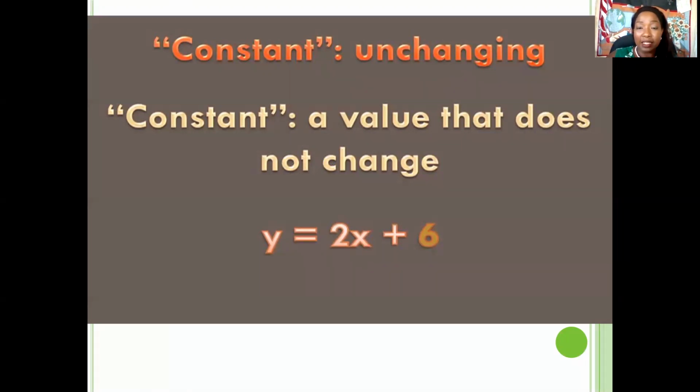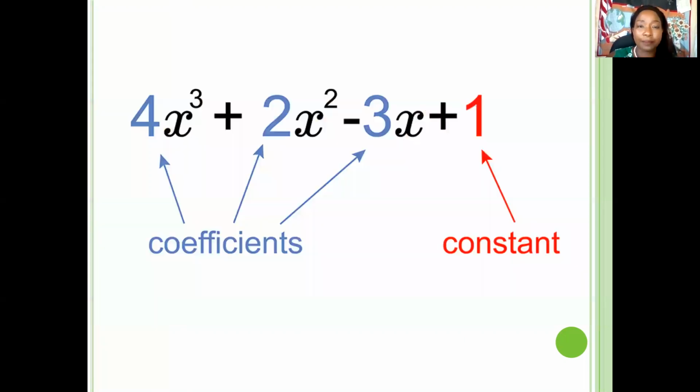The 6 is the constant. If you notice, there is another number here. The number is 2. However, the 2 is not by itself. It is attached to the x, and it is attached by multiplication. The 6, however, is by itself, so we call it a constant.